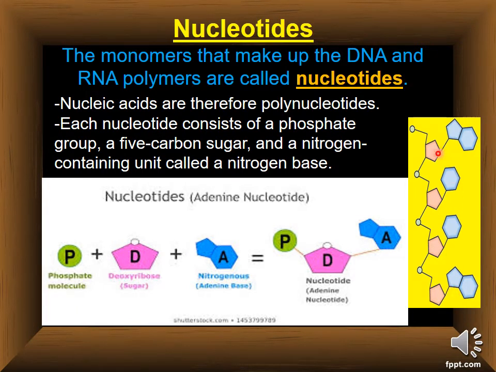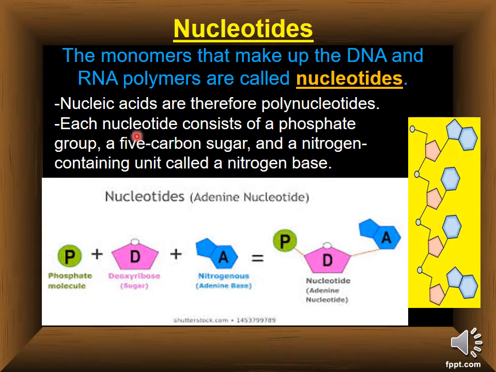So nucleic acids are therefore polynucleotides. Poly means many, so many nucleotides combine together and make the DNA or RNA, commonly called nucleic acids.